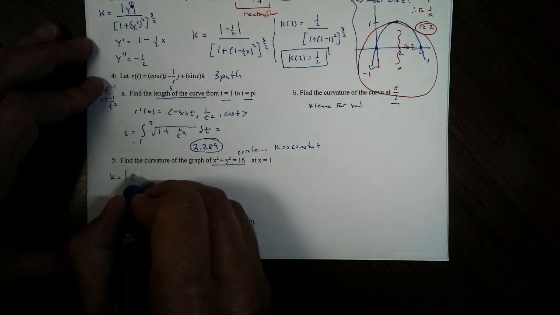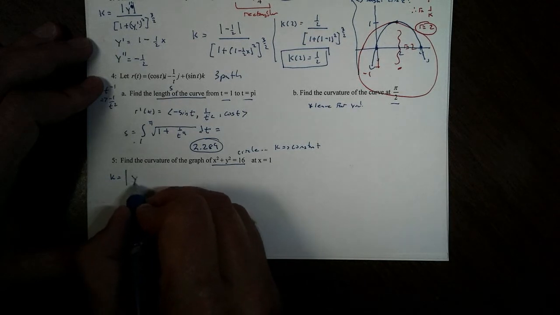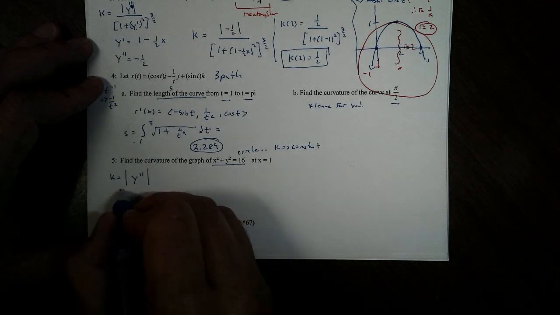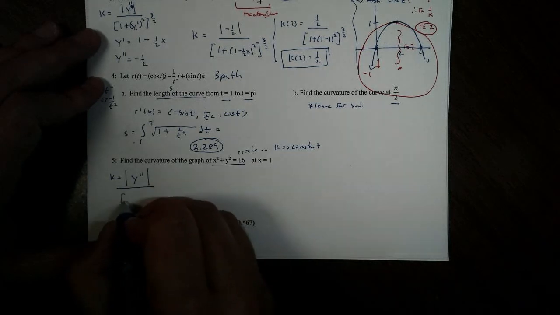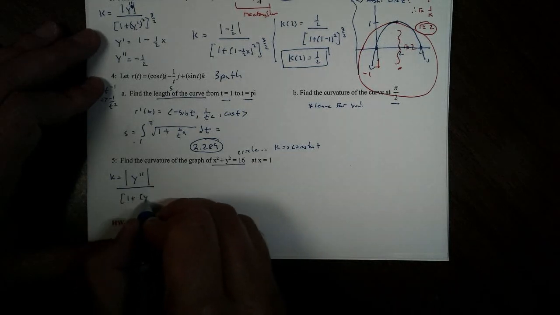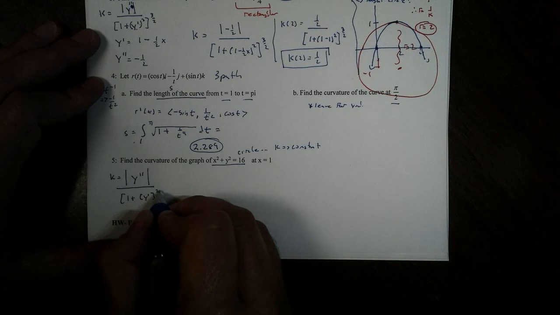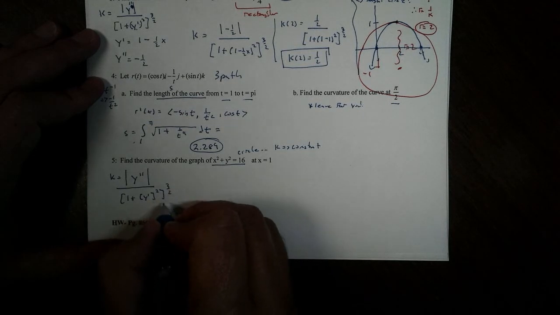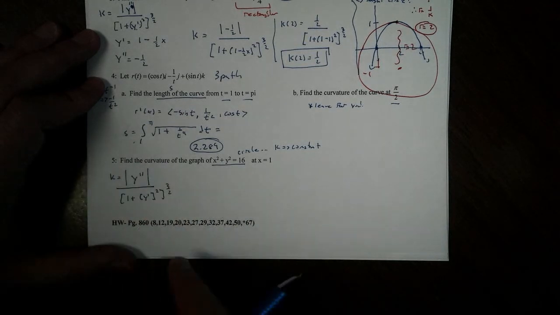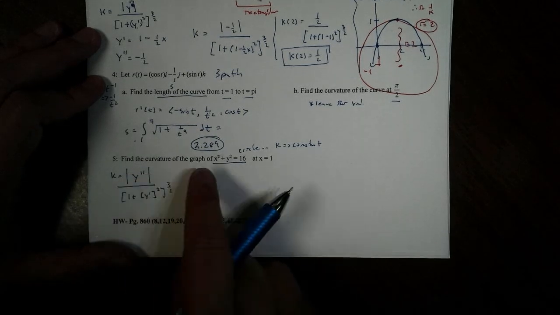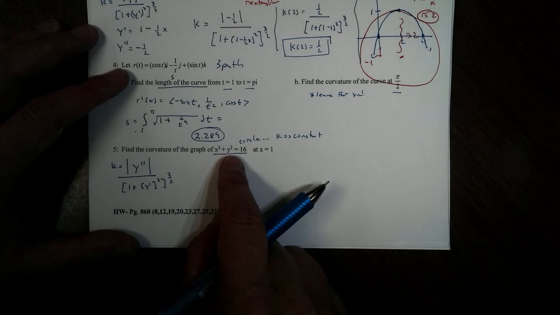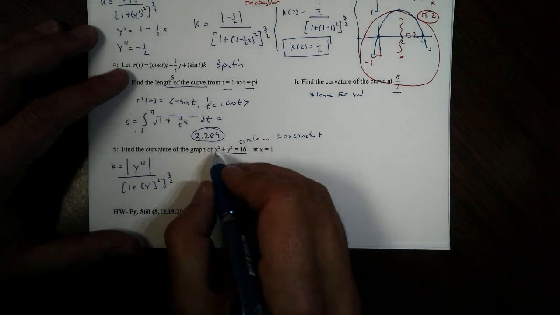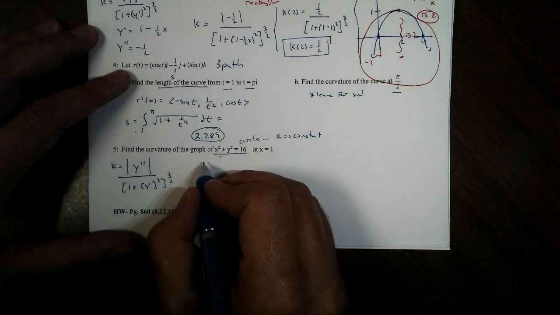This is going to be, remember, the absolute value of the second derivative of y over 1 plus y prime squared to the 3/2. There are a few ways I can do this. One, I could solve for y, or I can just use implicit differentiation, finally an application for it, right? So I'm going to use implicit.